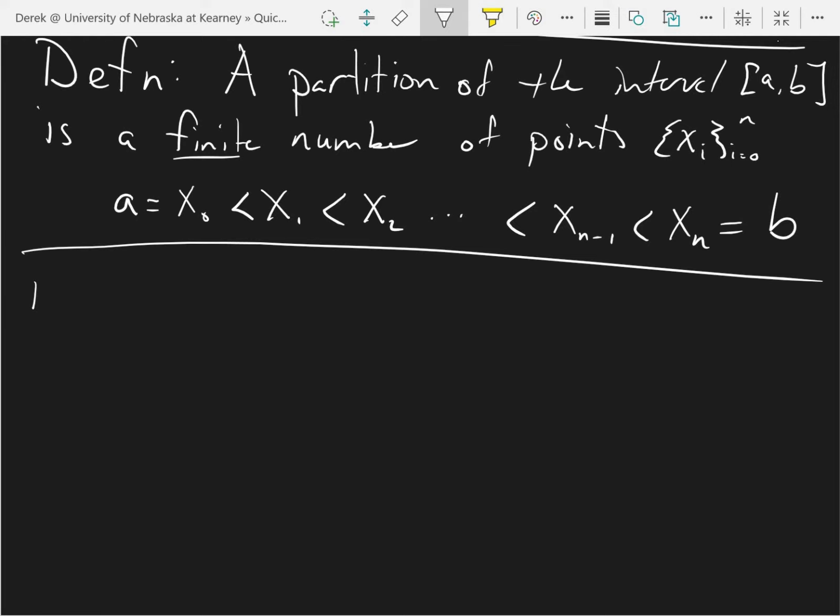Okay. Now we're going to do some more definitions, or notation maybe.